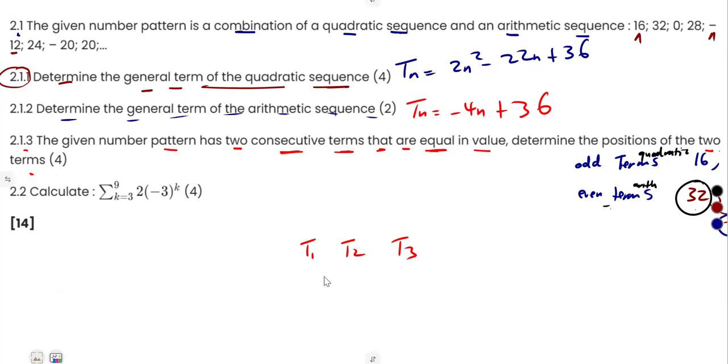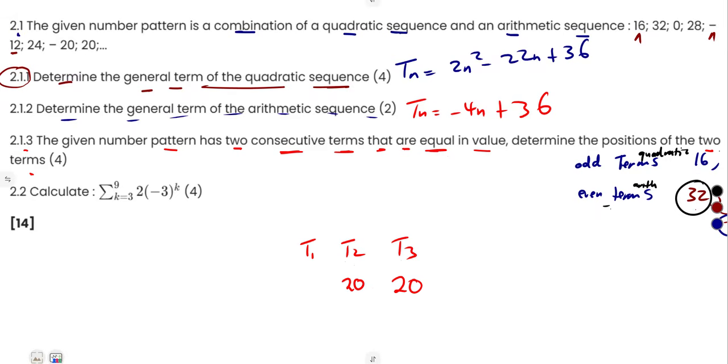They are numbers which are exactly the same, equal. Maybe this is 20 and T3 also is a 20. This is what they mean. Consecutive terms are equal in value. They are following each other. T2, T3 following each other, but they are equal in value.